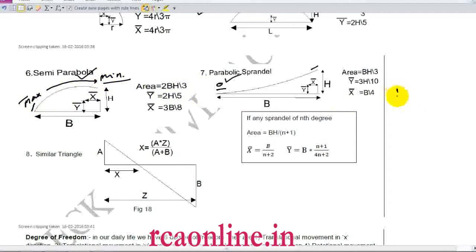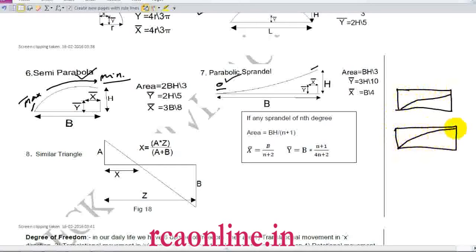So if you see one thing, I just want you that you have easy to remember. If you have this thing and I draw a parabola, I am unable to draw it correctly. Let's draw it again. This way. So this is a rectangle of, let us say, height h and width b.